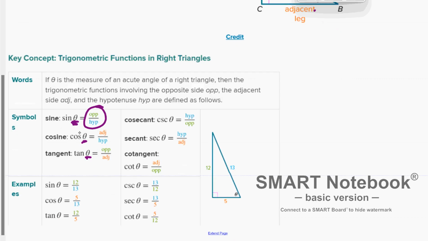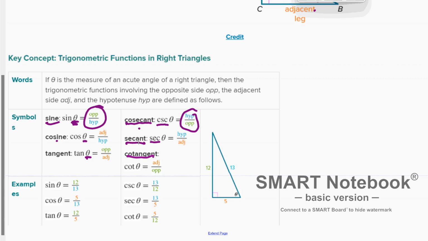So sine is opposite over hypotenuse, cosine is adjacent over hypotenuse, and tangent is opposite over adjacent. And then there are reciprocals, which is just flipping the fraction: cosecant, CSC, secant, SEC, and cotangent, COT. Sometimes these get mixed up, because you think cosine goes with cosecant, but it doesn't. Sine goes with cosecant, cosine goes with secant.